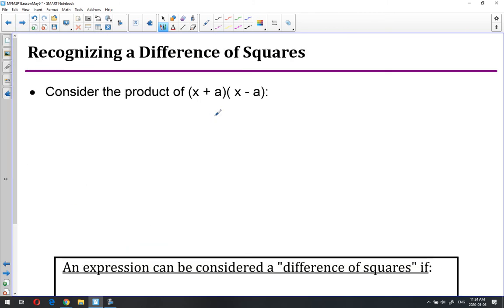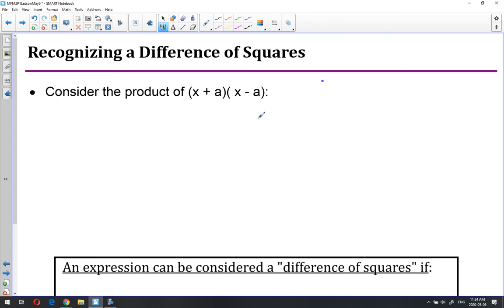Okay, so in the next little part here, what I want to show you is how do we recognize a difference of squares expression. In order to do that, I want to show you an expansion of two binomials: x plus a multiplied by x minus a.